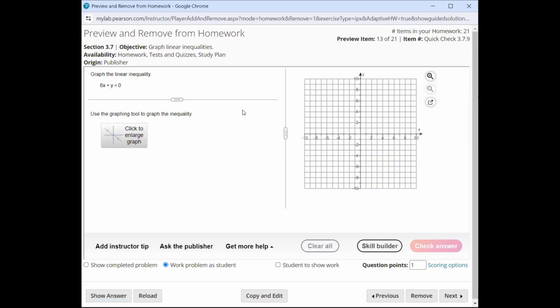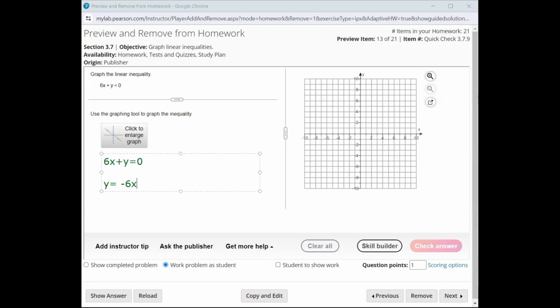Now, third question. We have 6x plus y strictly less than 0. The equality is 6x plus y is equal to 0. We can keep it as it is, or we can write it in the slope-intercept form, which is y is equal to negative 6x.